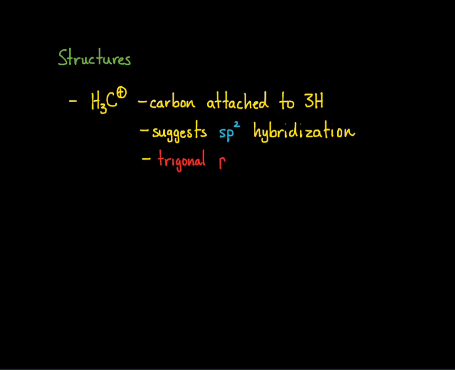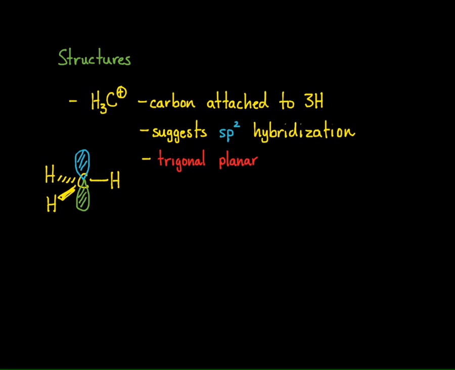It is trigonal planar, and therefore the methyl cation, the carbocation, is trigonal planar in geometry, and it looks like this. So I'm drawing the carbon-hydrogen bonds, one in the plane of the board, then I have another one coming out at me and another one going behind me.